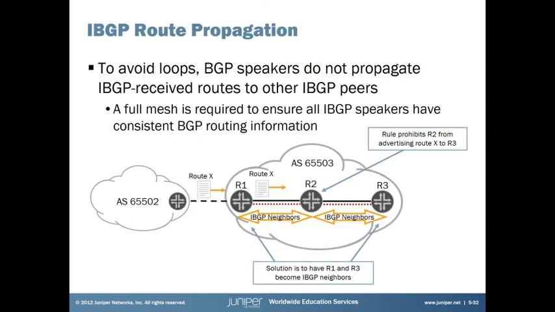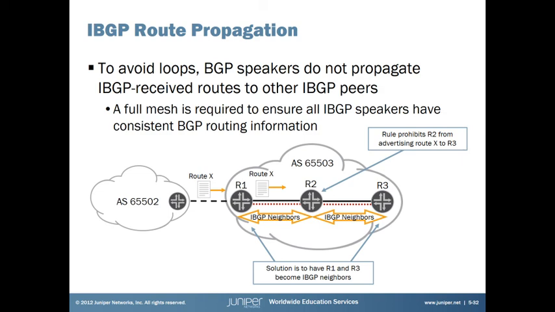Now, to avoid loops, BGP speakers do not propagate iBGP received routes to other iBGP peers. What does that mean? Look at this scenario here. We have three BGP speaking routers within this autonomous system. R1 is receiving routes from autonomous system 65502 via its eBGP peer with that autonomous system.